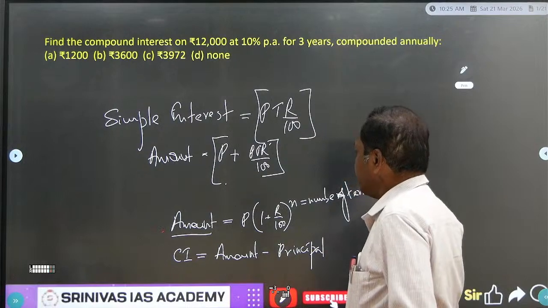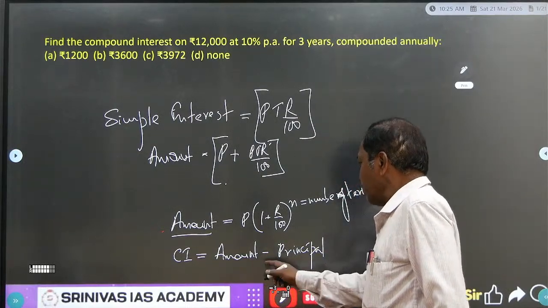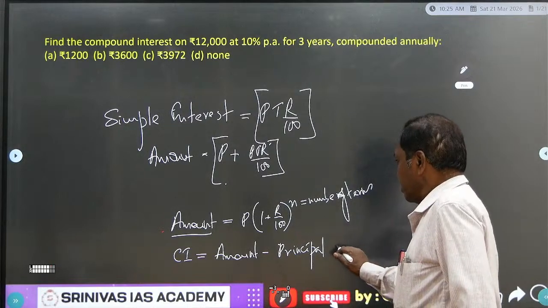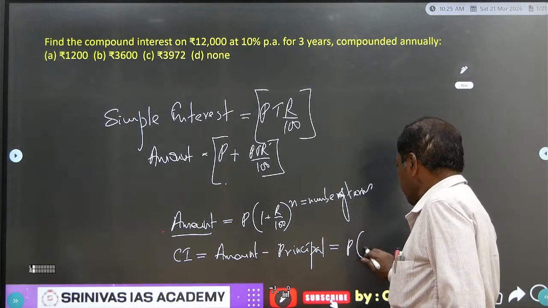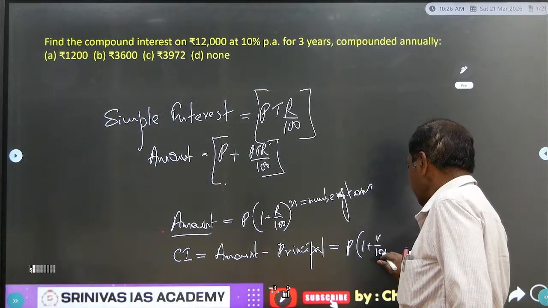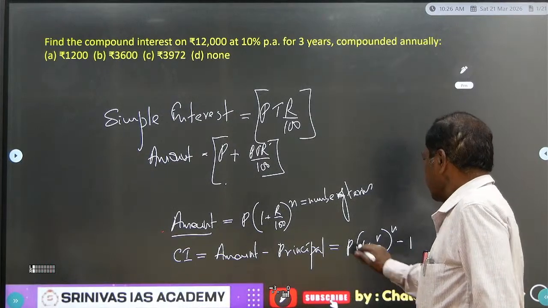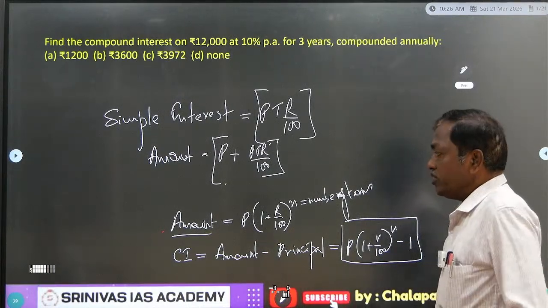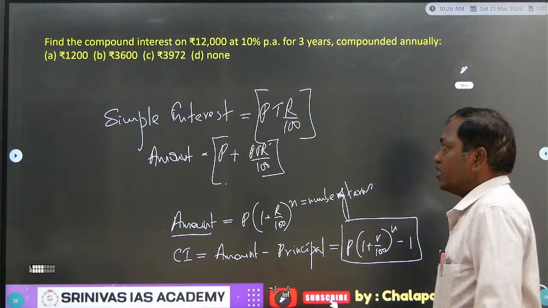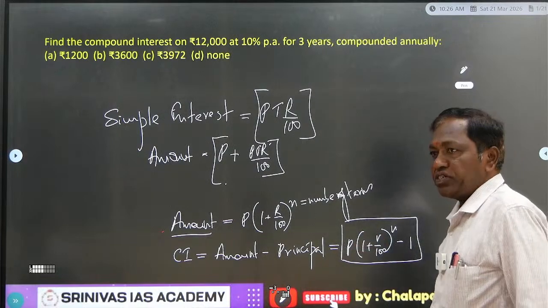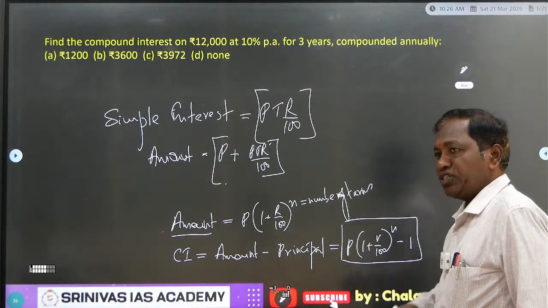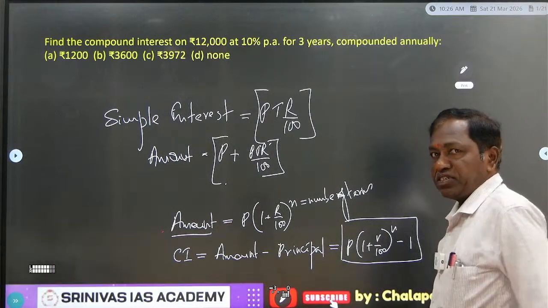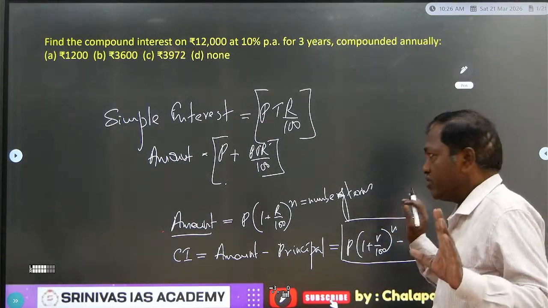So amount is P into 1 plus R by 100 to the power of N. To know the compound interest, it is amount minus principal, or you can write P into 1 plus R by 100 to the power of N, minus 1, where the 1 stands for the principal amount. So you cannot derive compound interest directly. Even calculation of growth of population, decrease or increase, appreciation and depreciation are all related like this, just like profit and loss and percentages. It is the same formula.